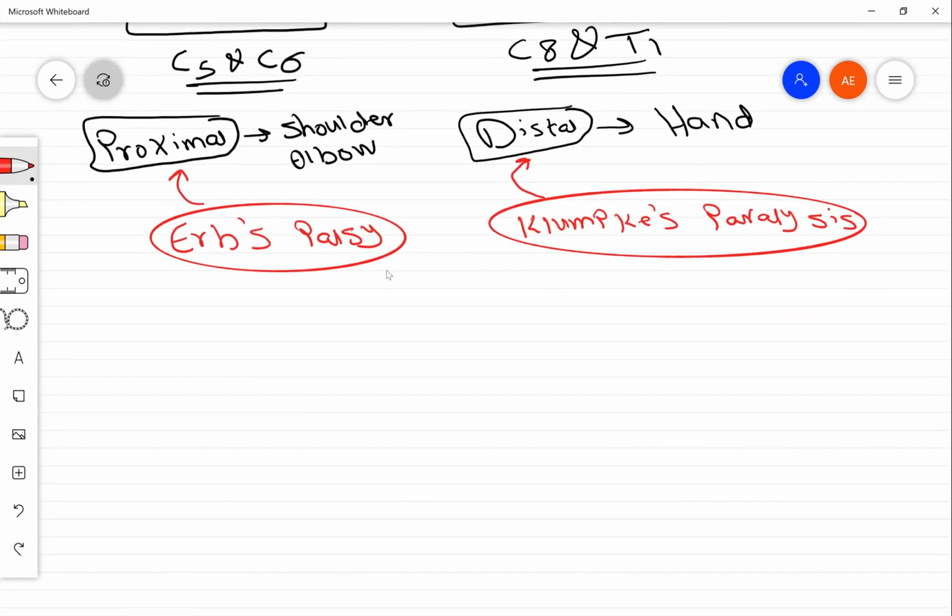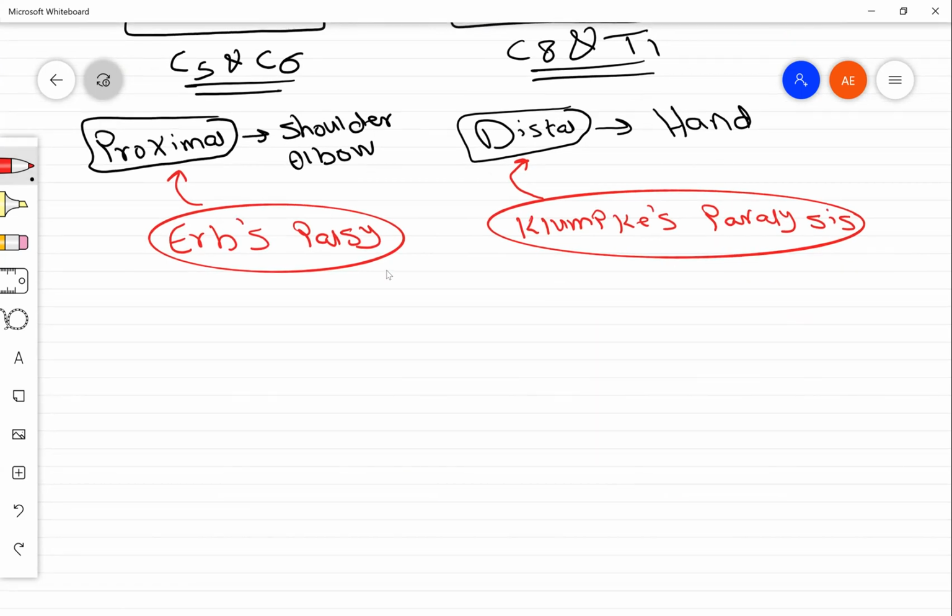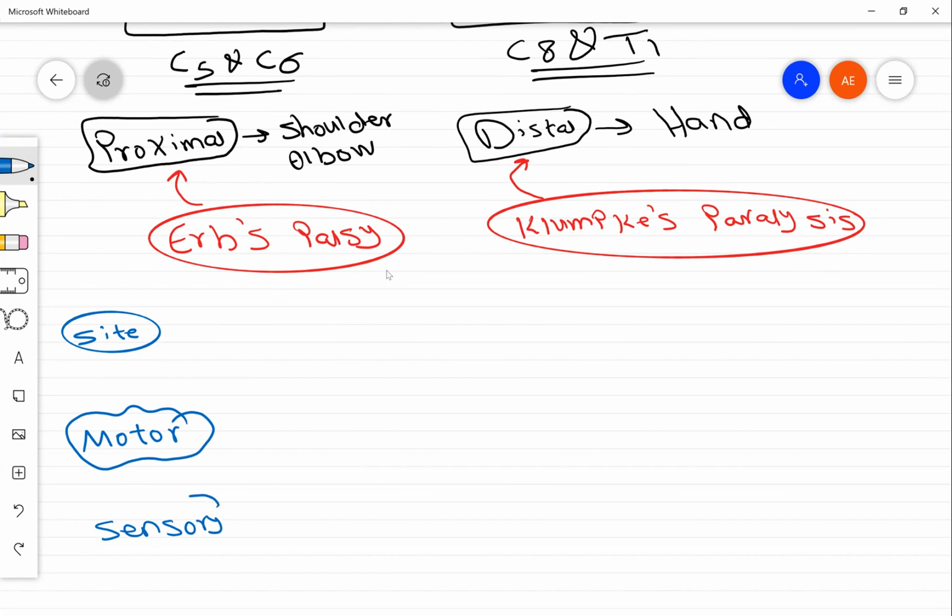Okay. In every type of these injuries, we will have to know what is the site of injury, what is the motor problem, what is the sensory problem, and what is the deformity.